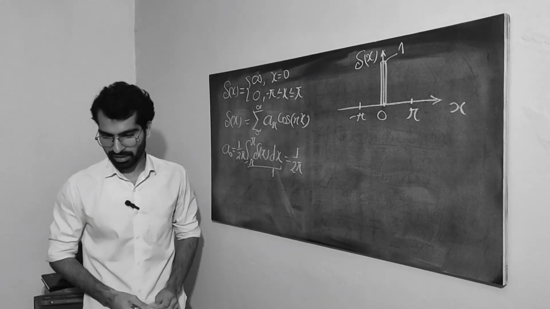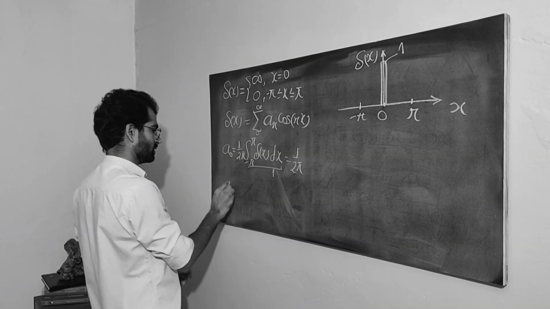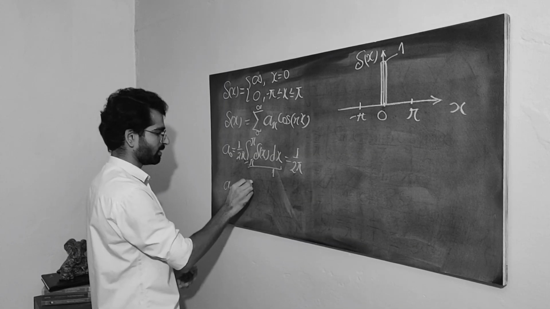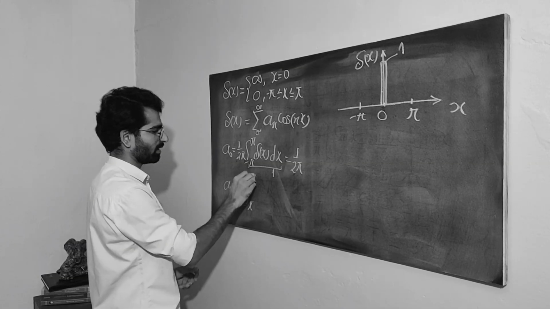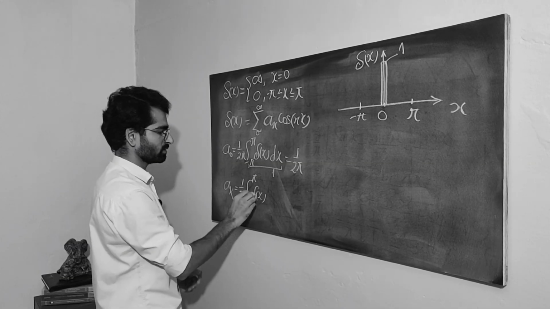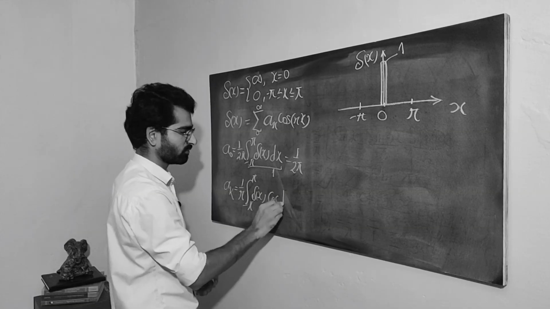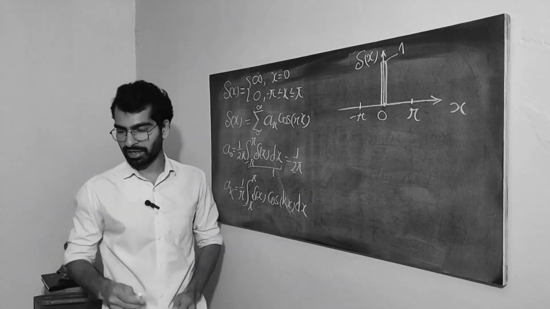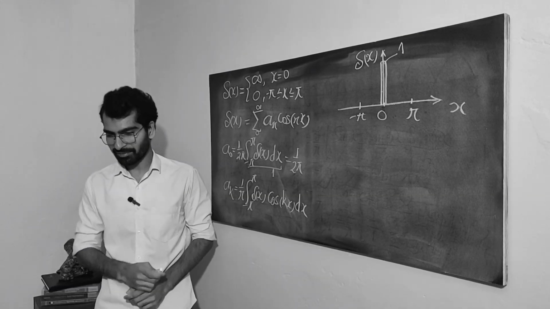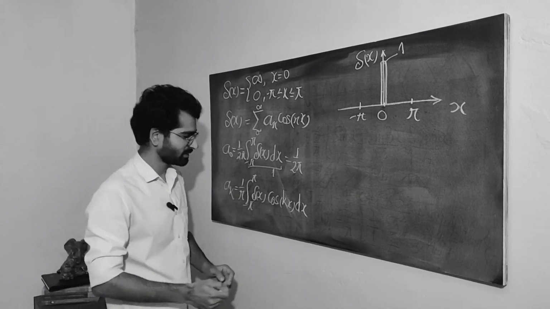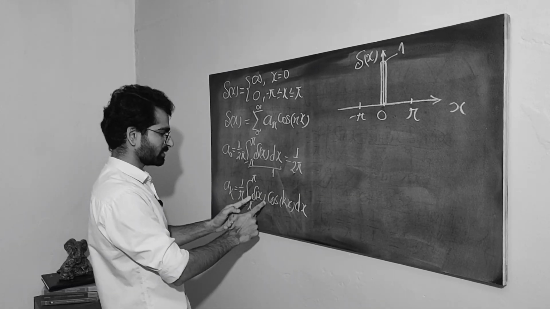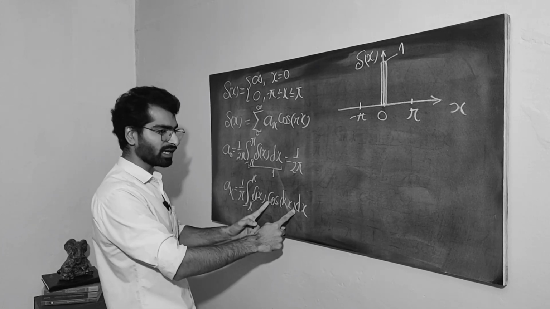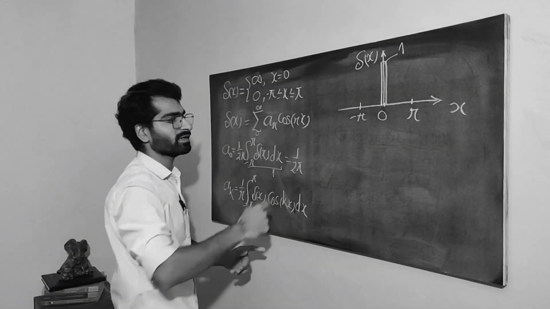And now I want to find you ak. So it is 1 over pi, the integral from minus pi to pi of the delta function times cosine of kx dx. And now I'm going to use the second property of the delta function that says the delta function is going to pick the value of the cosine function at the spike.